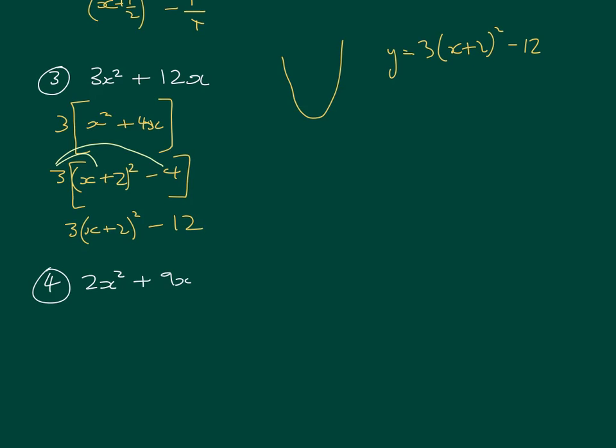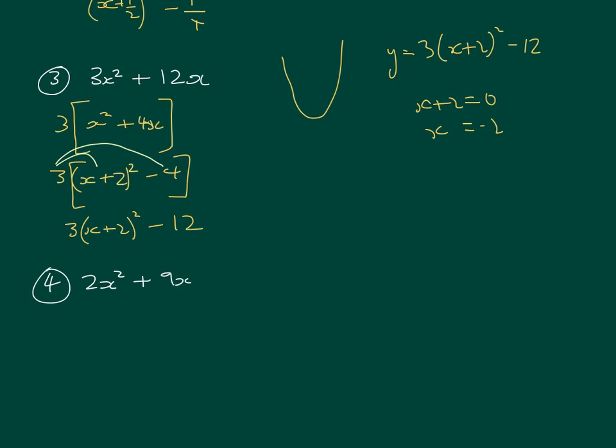So to find the coordinates of that point, the x coordinate is going to be when x plus 2 equals 0, so that'll be x is minus 2, and the y coordinate is going to be when this part is equal to 0, so y will be minus 12.